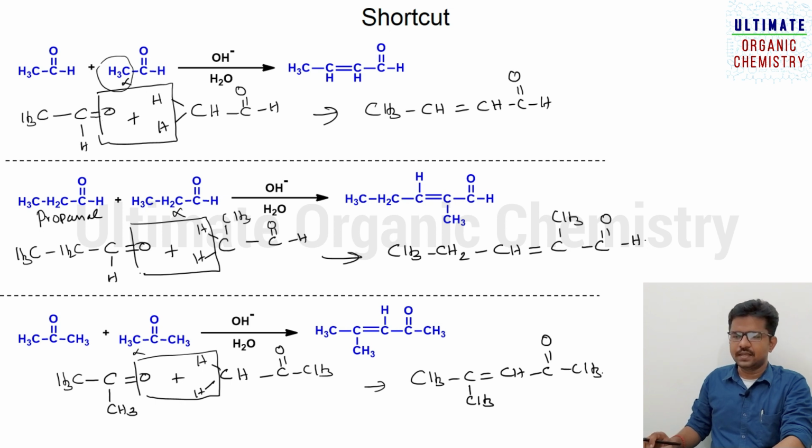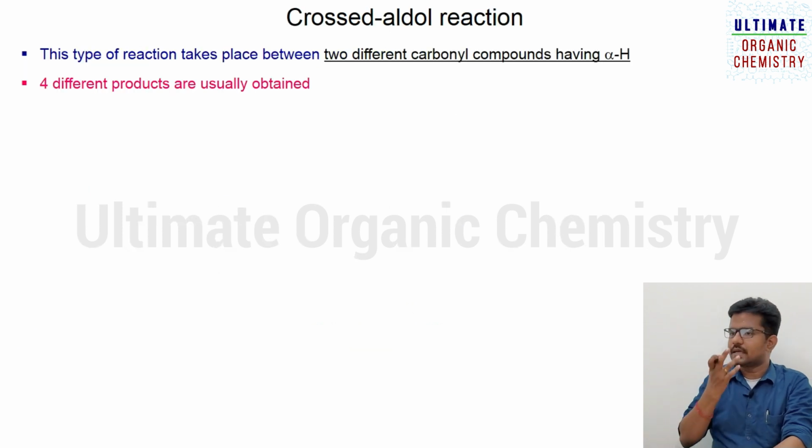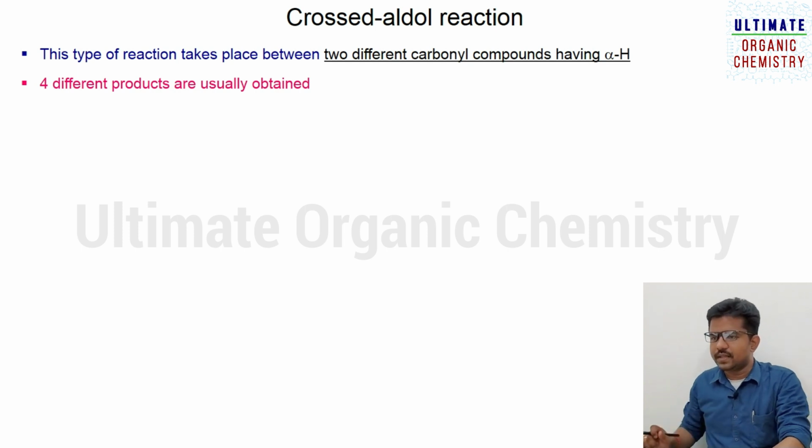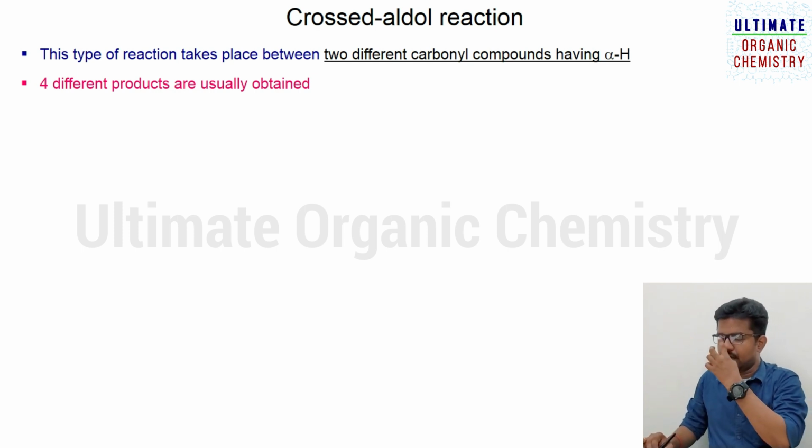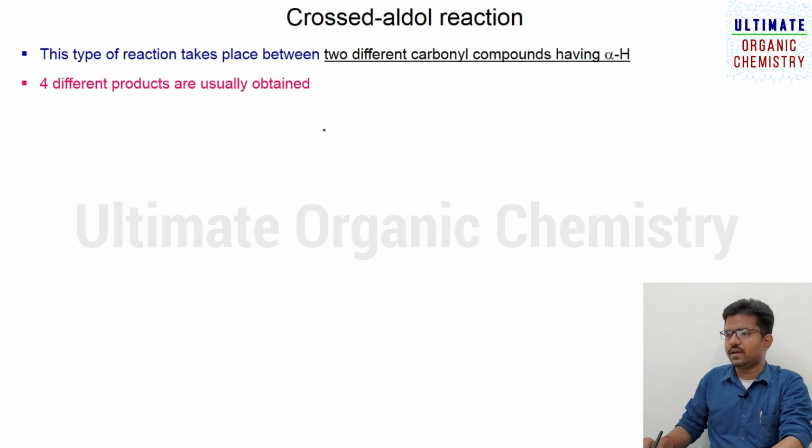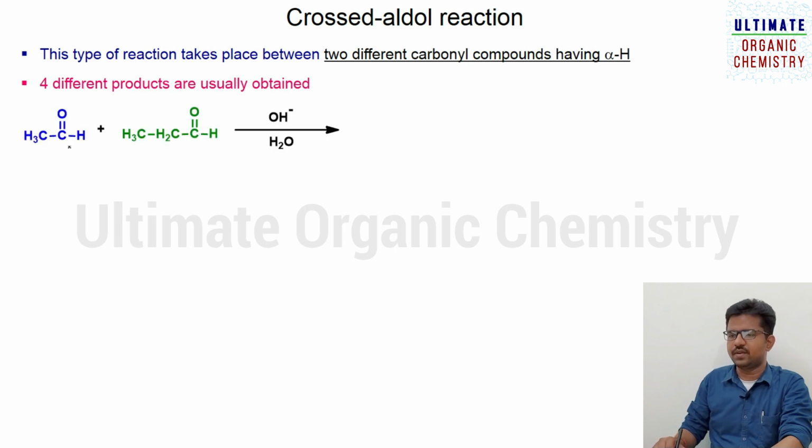Now let us discuss the crossed aldol condensation. What do we mean by crossed aldol reaction or condensation? This type of reaction takes place between 2 different carbonyl compounds having alpha hydrogens. That means you must have 2 different compounds having alpha hydrogen. You will get 4 different products during the course of the reaction.